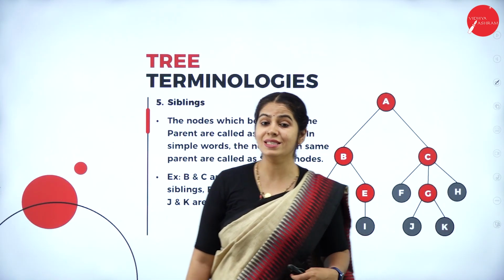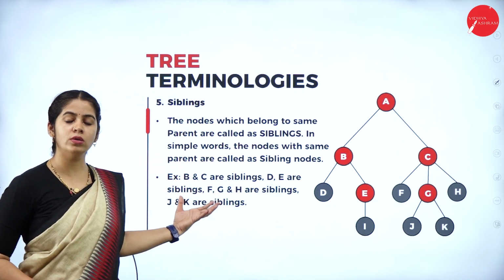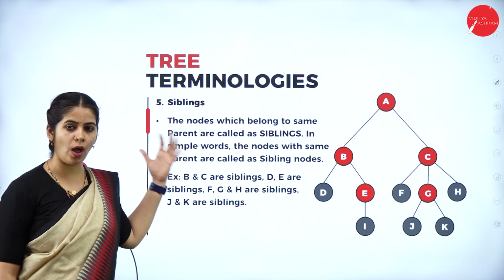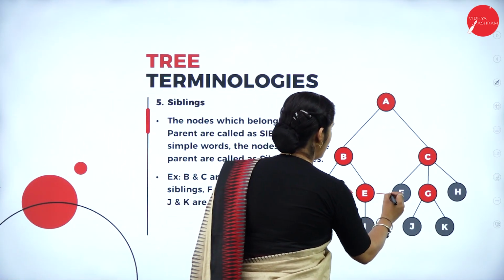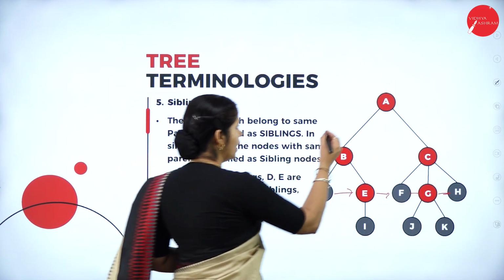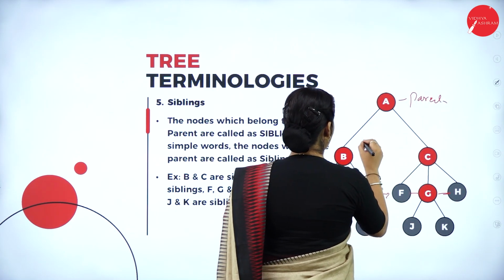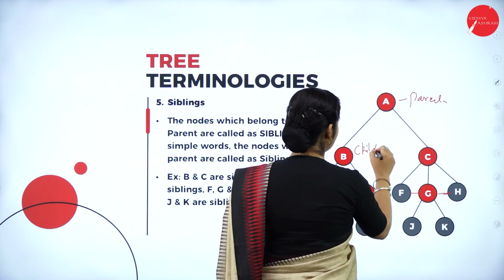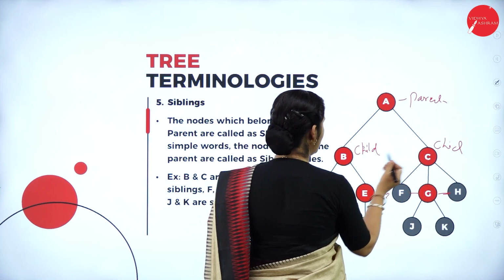Next, what we have is siblings. As all of you have siblings, nodes in the tree will also have siblings. Who are the siblings? Those that are on the same level. If A is a parent node, B is a child node, and C is also a child node, then how do you relate B and C?